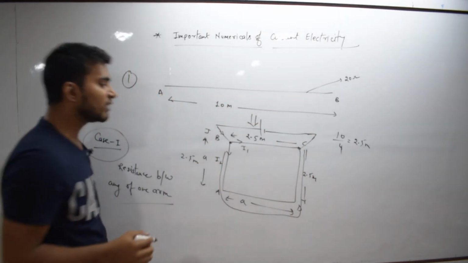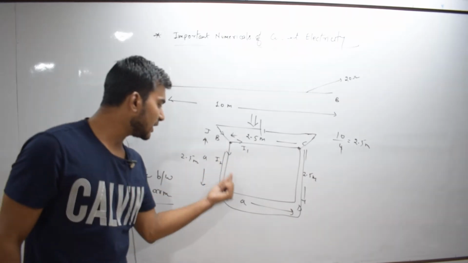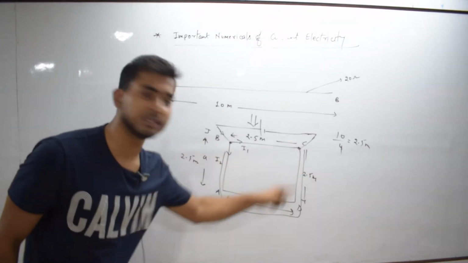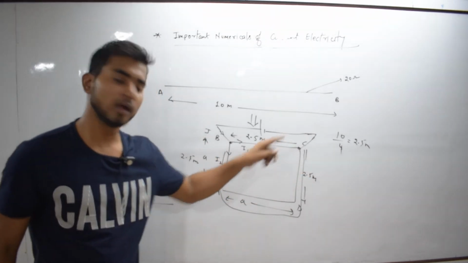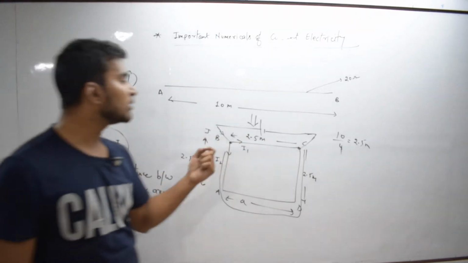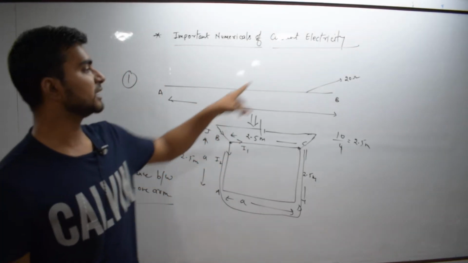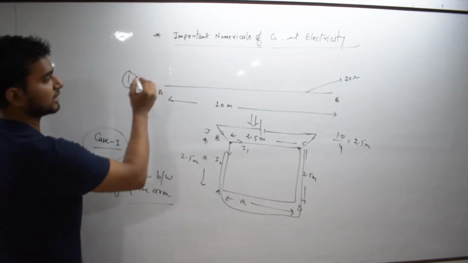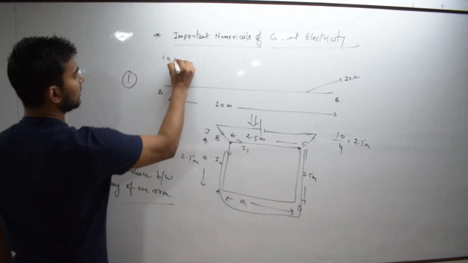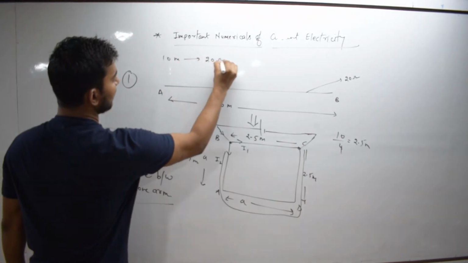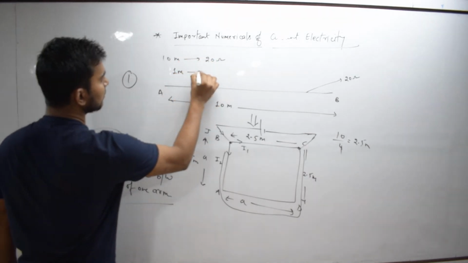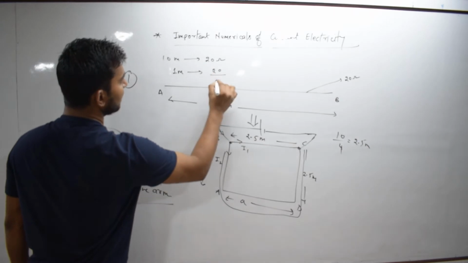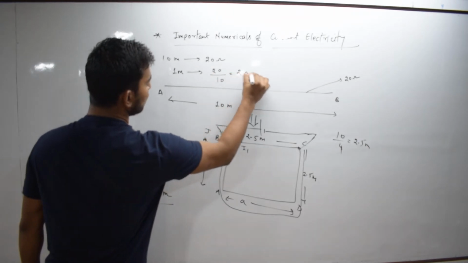Okay. So we can say that the resistances of these arms will be in series because the same current is flowing. What is the resistance of a particular arm? When 10 meter has resistance 20 ohm, 1 meter has 20 by 10, that is 2 ohm.